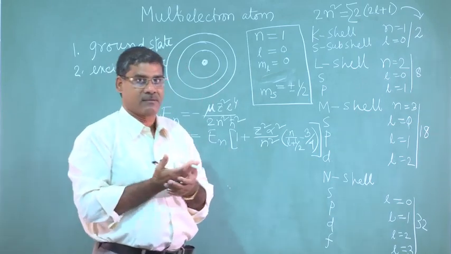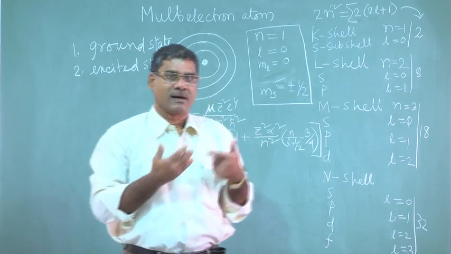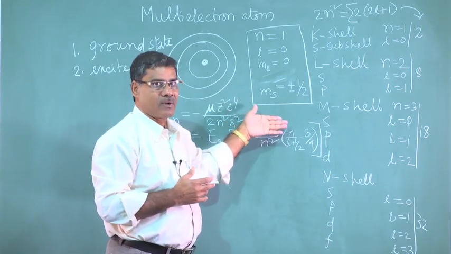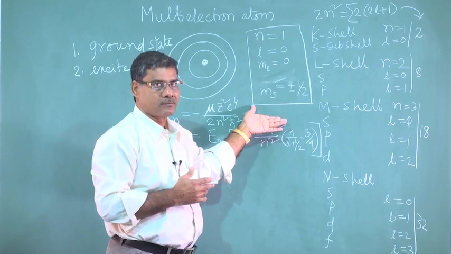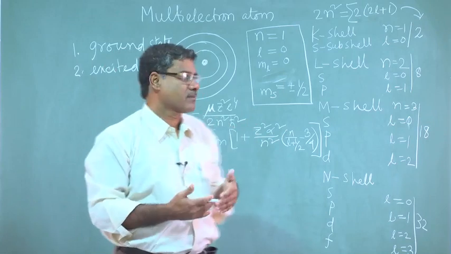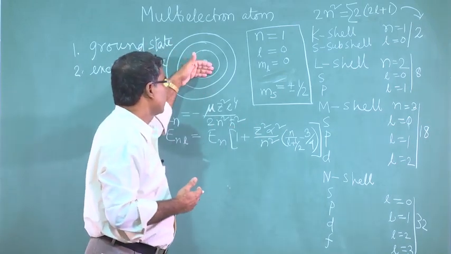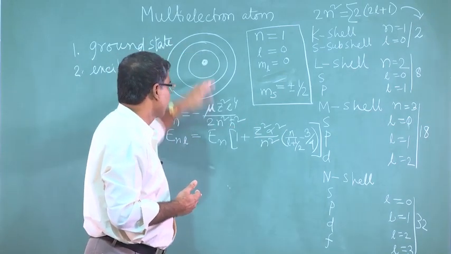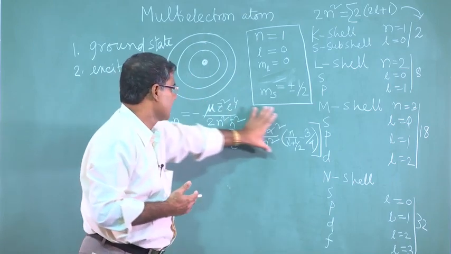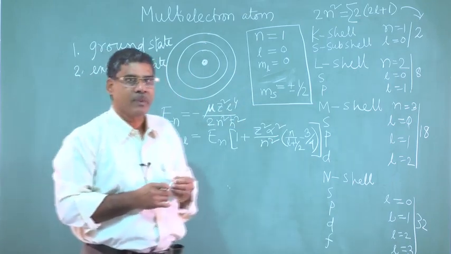When we consider that, then J will come. So this will be one reason for the deviation from the regularity of energy levels following this energy formula.